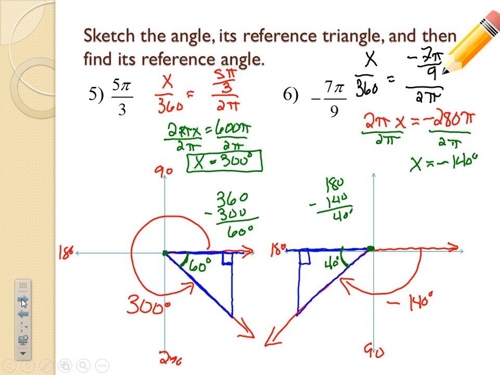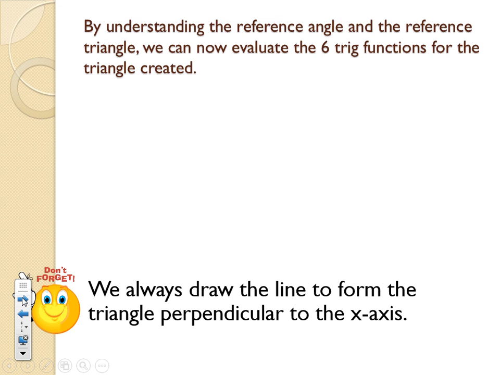All right. Now that that is all said and done, and we are going to be pros after all 6 of those examples, the next one is a little bit different and new. So I want you to write this down for me, please. You don't have to write the words, just the picture. By understanding the reference angle and the reference triangle, we can now evaluate all 6 trig functions for the triangle that we create.